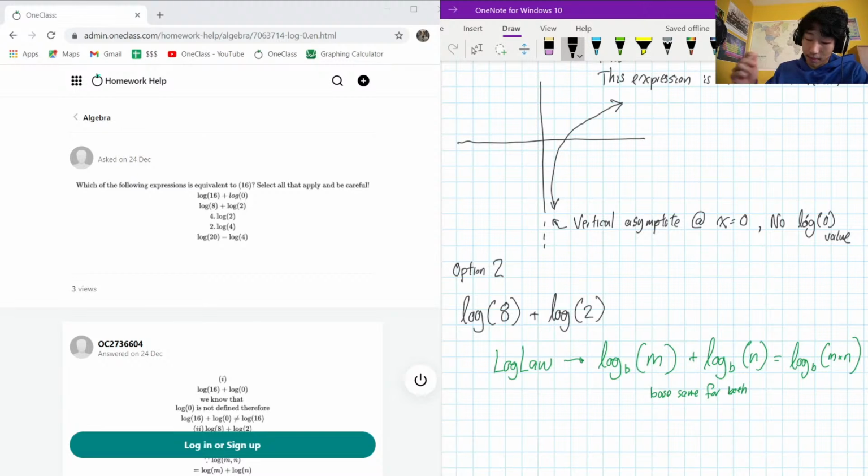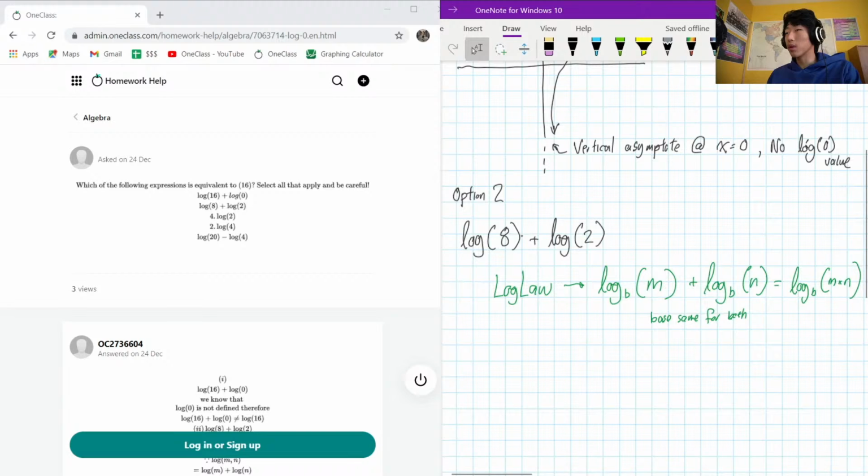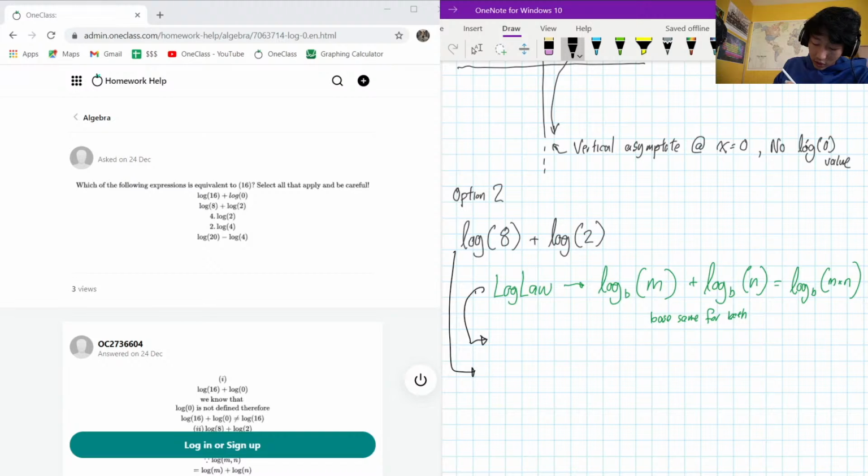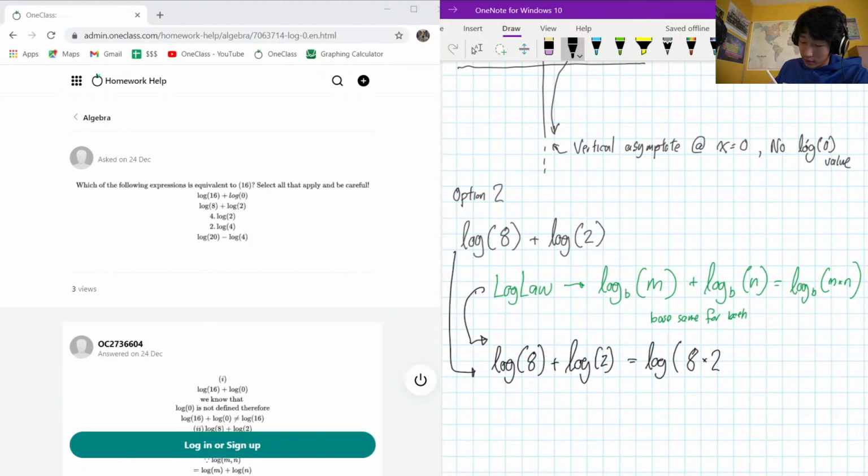Okay, so let's go back to the black pen here. Given this principle, applying this to this situation right here, we can see that log 8 plus log 2 is going to be equal to log of 8 times 2, which, for those of you who are quick with the math, is log 16.